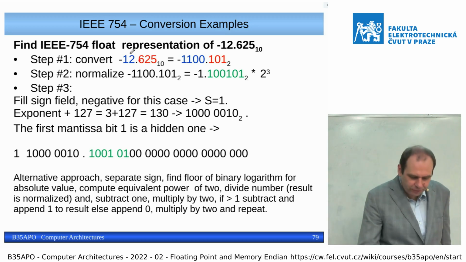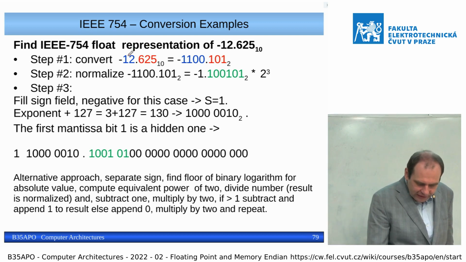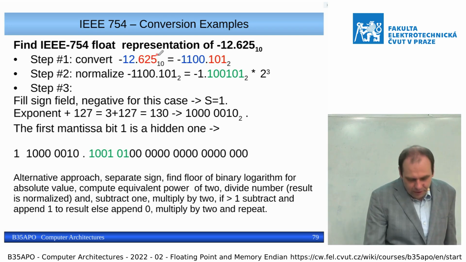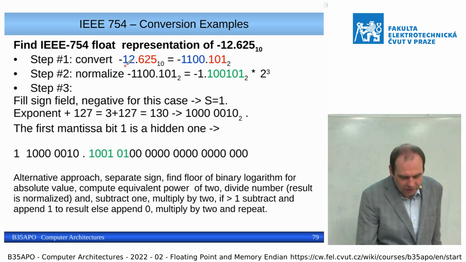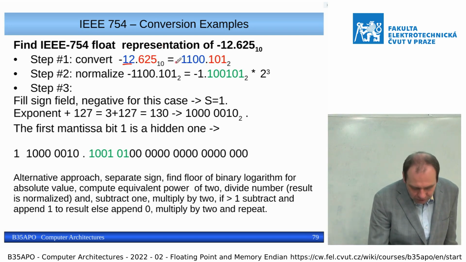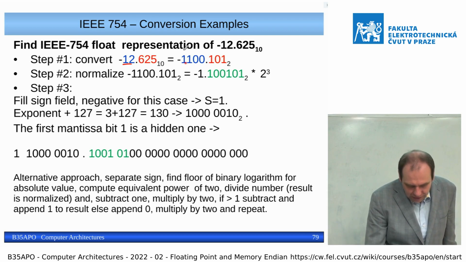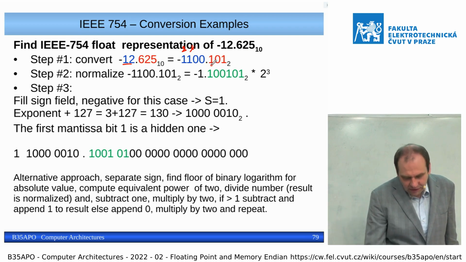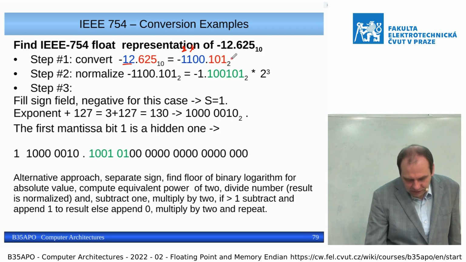Okay, there are examples how we can convert some values. So one option, for example, if you look at this, we have minus 12 and 625 thousandths. So in this case, we can count it such a way that we say minus 12 is minus, and 12 is 8 plus 4. And then this is 1/4 plus 1/8 in this case.